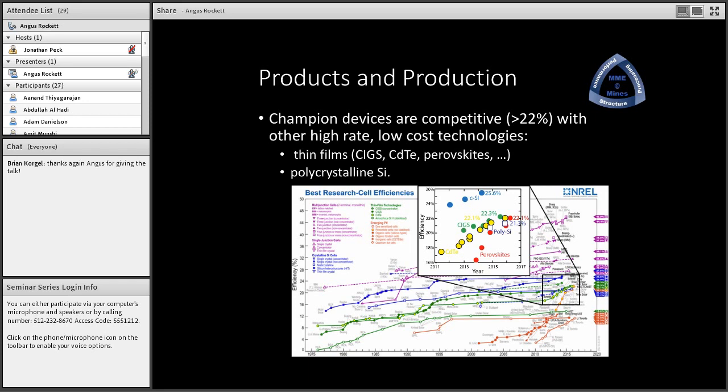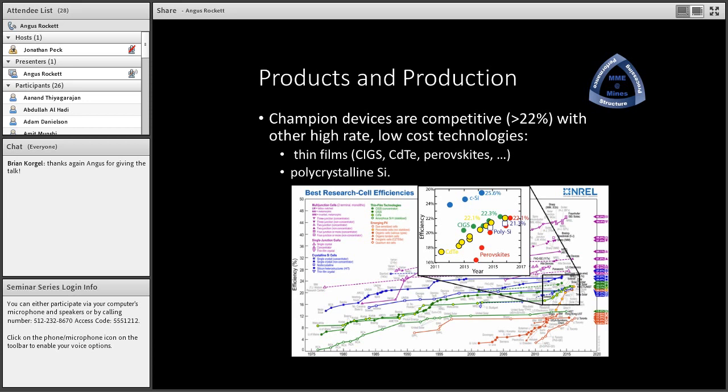The thing that's interesting about CIGS is that it's competitive in terms of record performances with all of the other thin film technologies, and in general it has managed to stay ahead of the cadmium telluride materials and the perovskites, just barely, but CIGS has the highest efficiency champion small cell device.